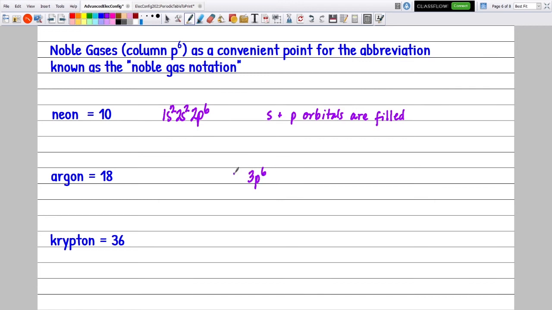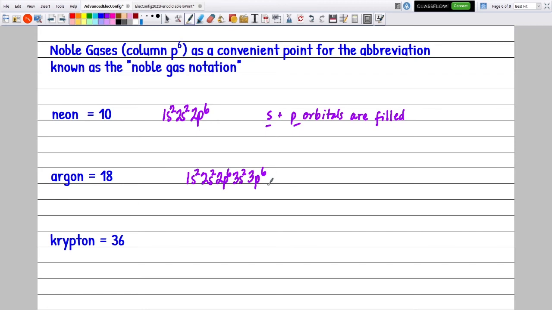Let's move backward. 3s2, then 2p6, 2s2, and then 1s2. And that is the electron configuration of argon. And what should you also notice? You'll also notice that the s and the p orbitals are completely filled in the electron configuration of argon.